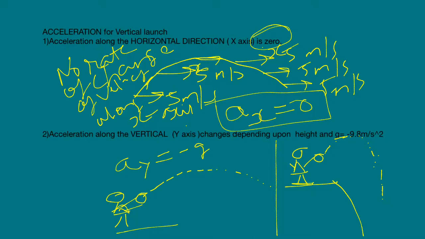It is moving against gravity initially, so some angle is formed. He has thrown it upward, against gravity, so here also a equals minus g.